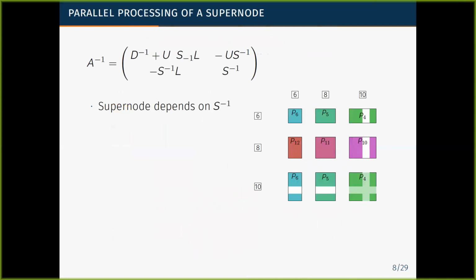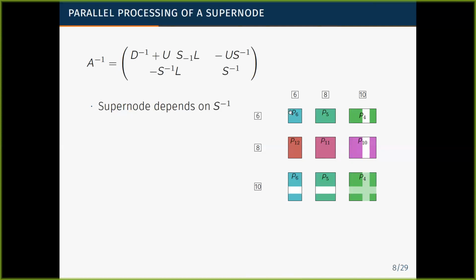We are exploiting parallelism when processing a single supernode, and we are also exploiting concurrency between supernodes. So let's first review how a single supernode can be processed in parallel. In this example, we are looking at the computation of supernode 6 here.